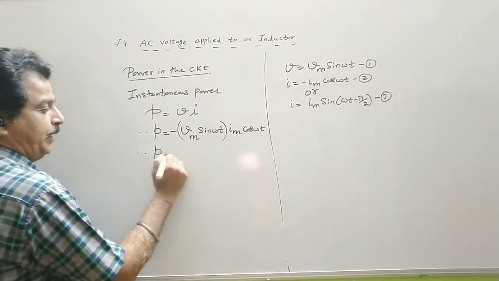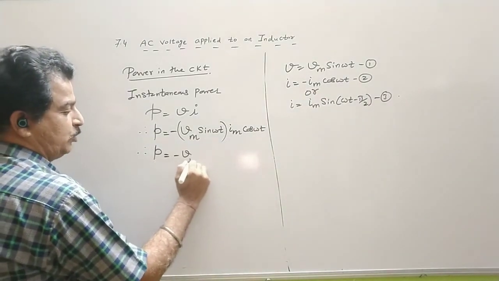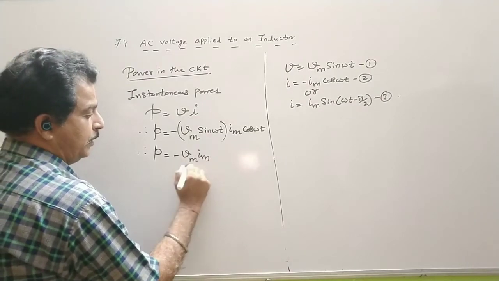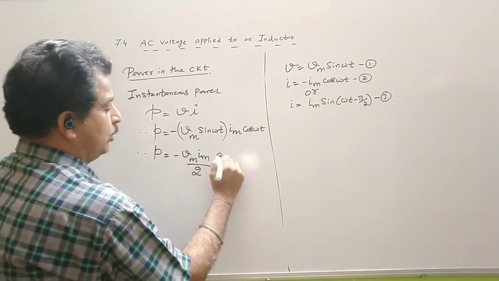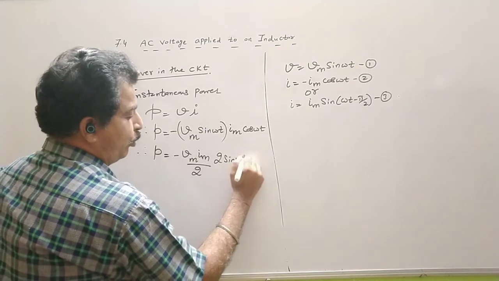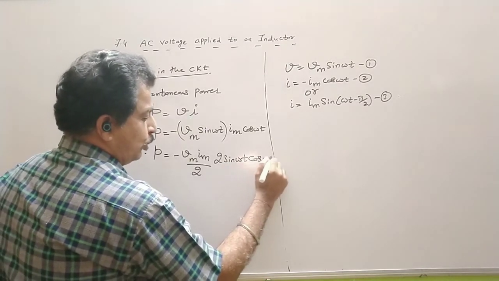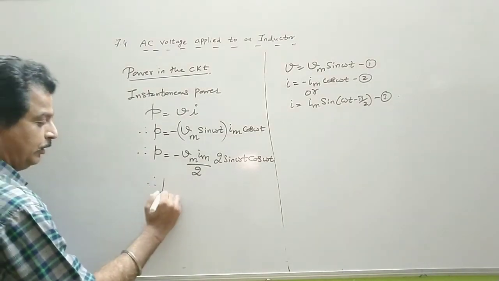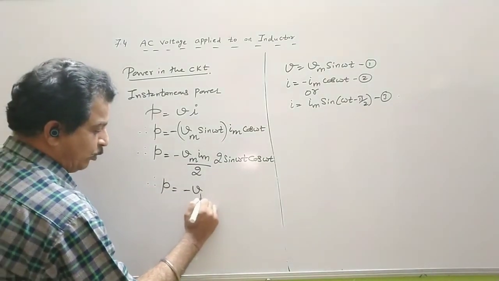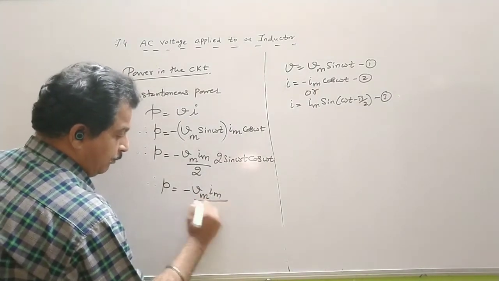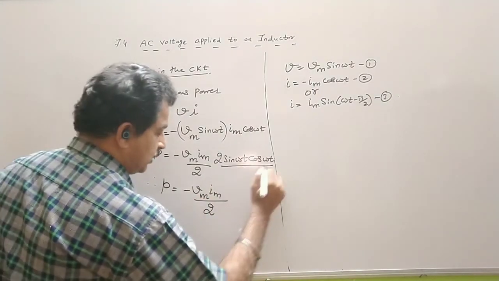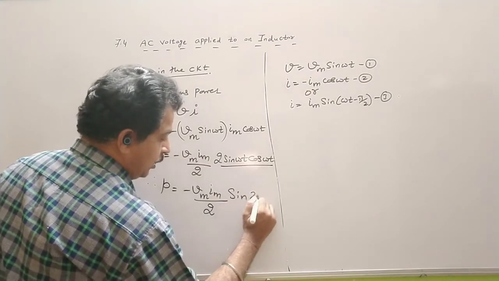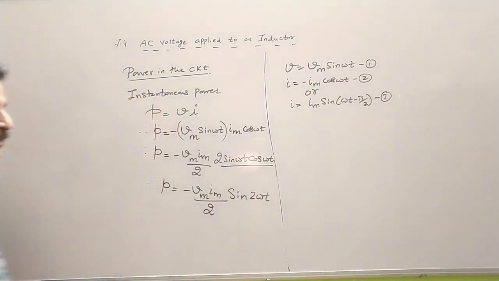Therefore P is equal to minus Vm Im divided by 2 sine of omega t cos of omega t. So we multiply and divide it by 2. Therefore the instantaneous power is equal to minus Vm Im divided by 2 sine 2 omega t. Now this is the formula of sine 2 omega t.